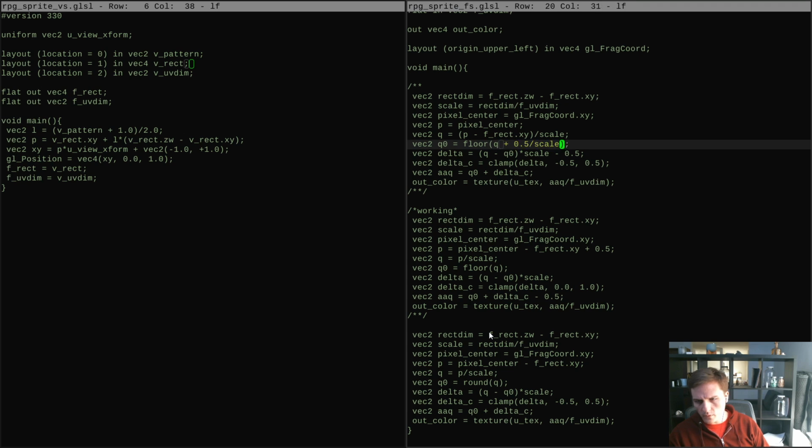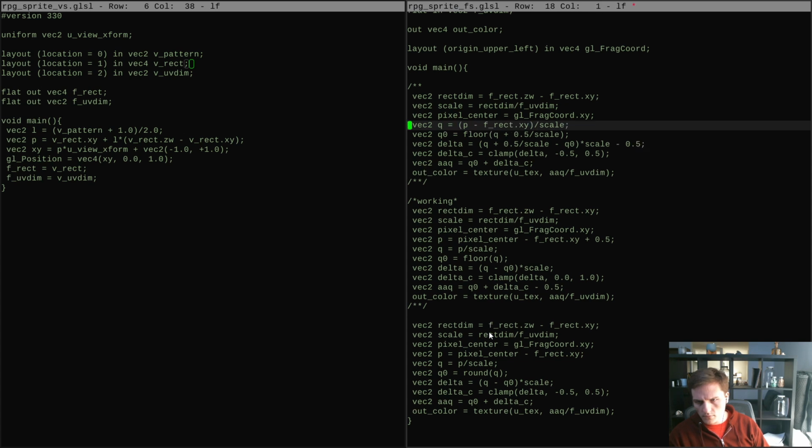This becomes floor of that. This pops out of the multiply and loses that, and these cancel.